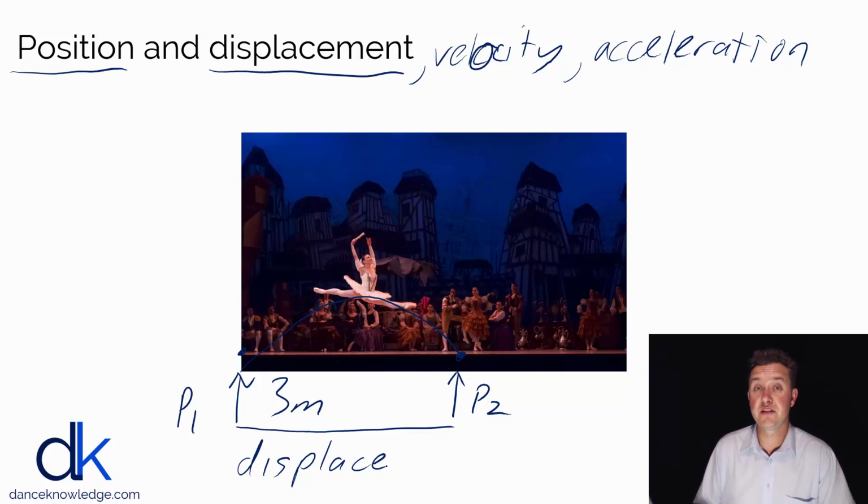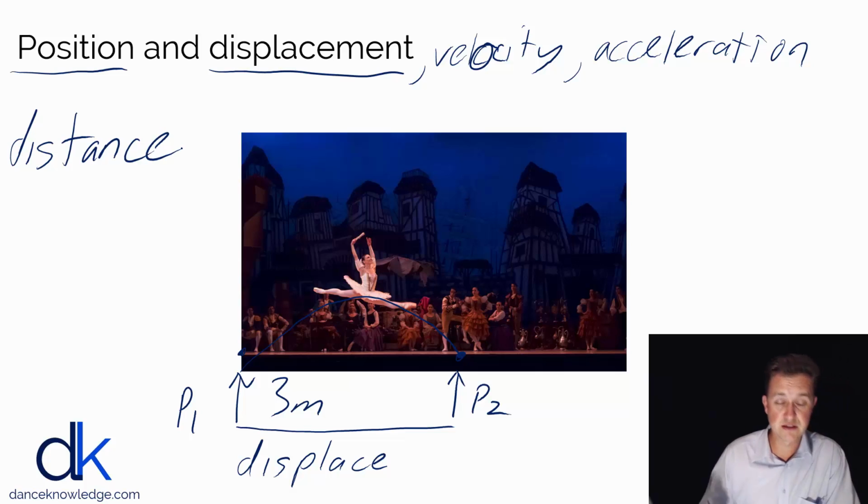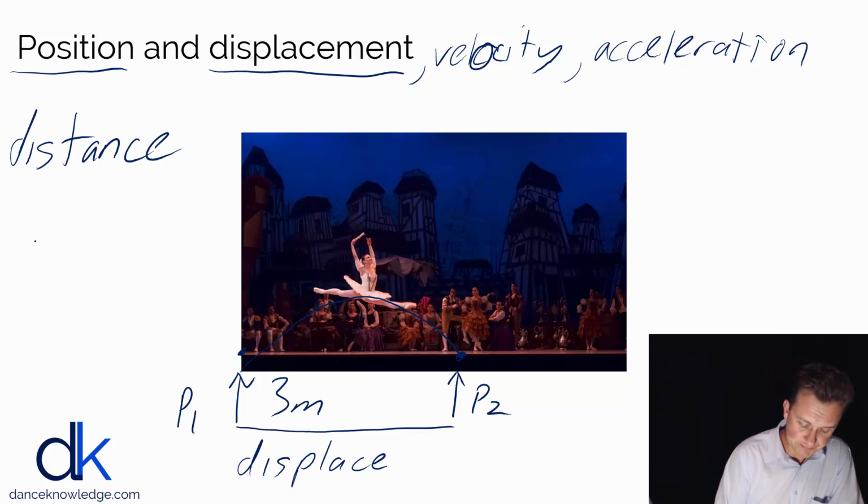The term that's often used interchangeably with displacement, but is slightly different in biomechanics, is that of distance. So you could probably look at that space between P1 and P2 and say the distance that she's traveled is 3 meters. And you would be correct, because the difference between distance and displacement is that displacement has direction.